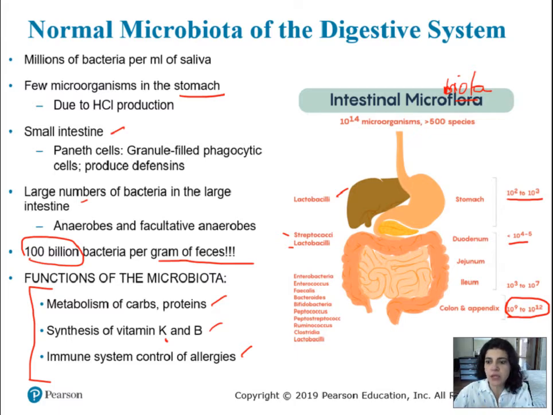The microbiome of the digestive system is super important in controlling and avoiding diseases, such as irritable bowel syndrome, obesity, diabetes, allergic diseases, and neurodevelopmental diseases.